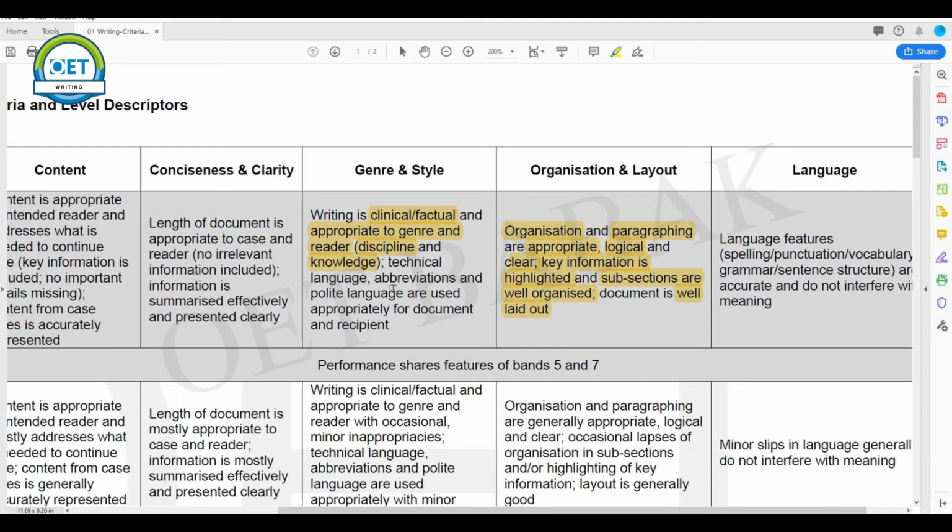Technical language, abbreviations, and polite language are used appropriately for the document and recipient. So this means that you need to use appropriate abbreviations, polite language, and technical language.